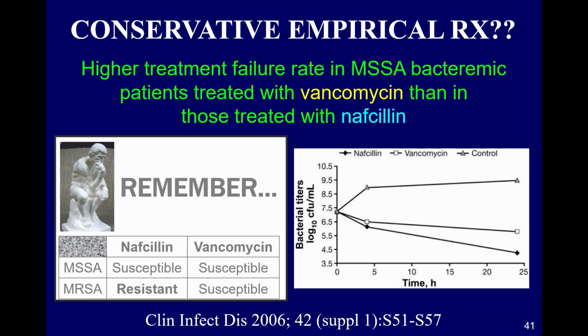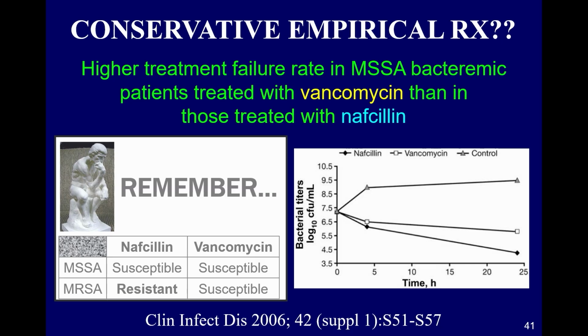So here's the MSSA without drug, here's the MSSA with nafcillin, and here's the MSSA with vanco. It seems like nafcillin has better cidal activity against MSSA than does vancomycin, and that might explain the treatment failure rate that you were seeing in vivo in the patient.